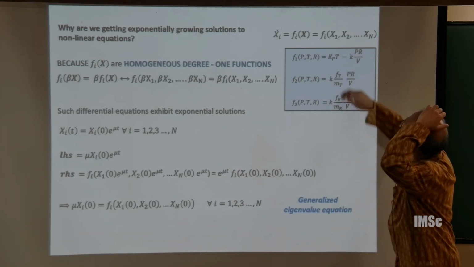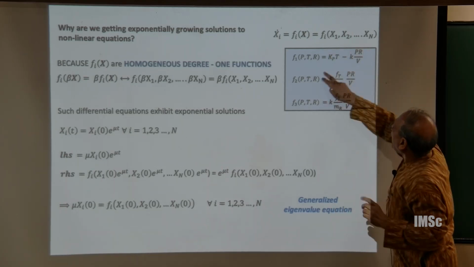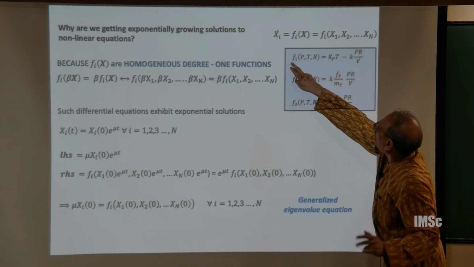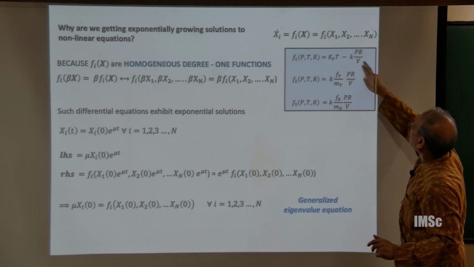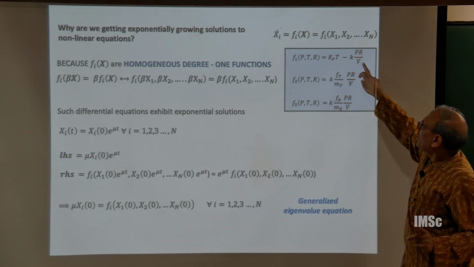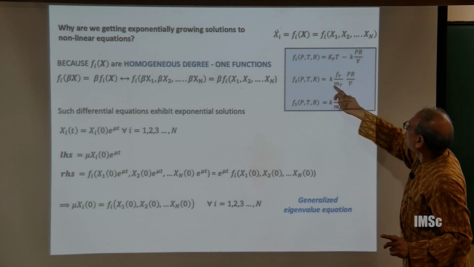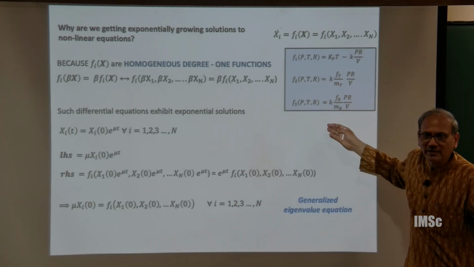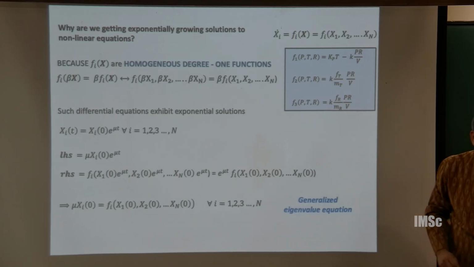For the PTR model, x1 dot, which is p dot, is given by this function kpt minus and so on. That's my f1. This is my function f2, for t dot, and this is my function f3 for r dot. These are the same functions that I wrote down previously.